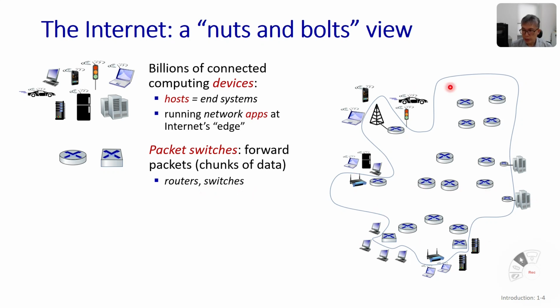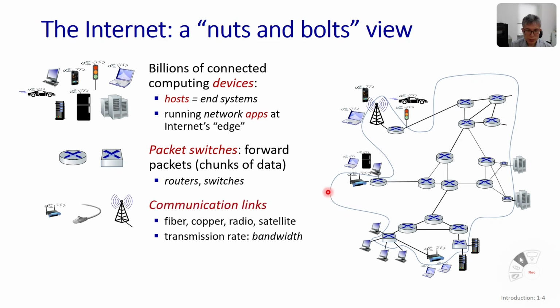So we have many kinds of packet switches. Also communication links: fiber and copper are wired communication links, and radio and satellite are wireless links. Transmission rate means bandwidth, the speed of a communication link.